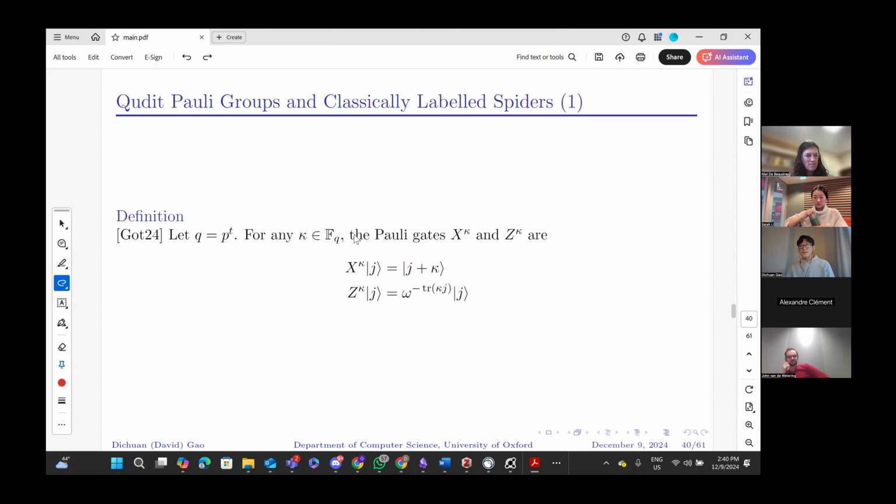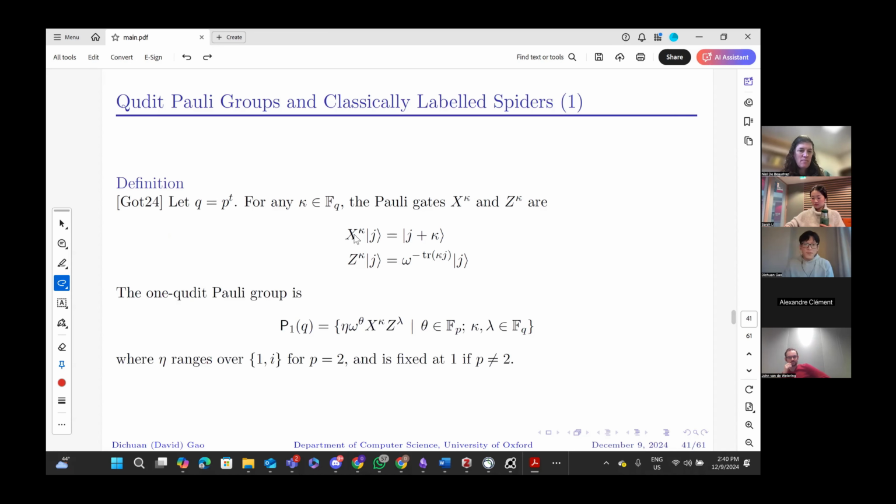Okay. Cool. So from there, you can define the one qudit Pauli group as usual. You just take the products of these Pauli gates, and the Pauli gates here still commute up to a scalar, so this set is indeed closed under composition.